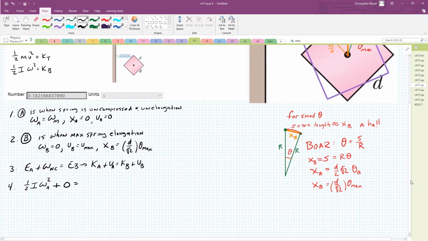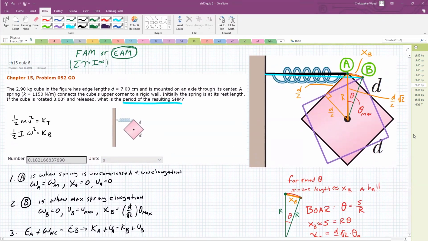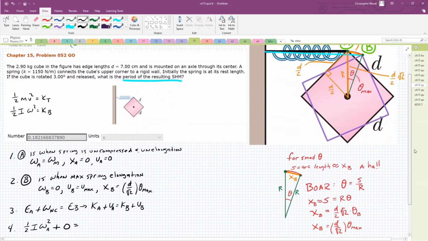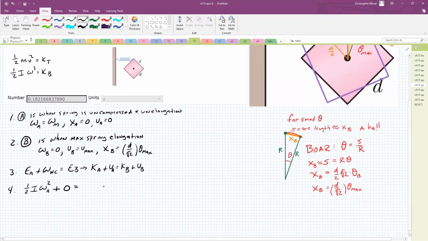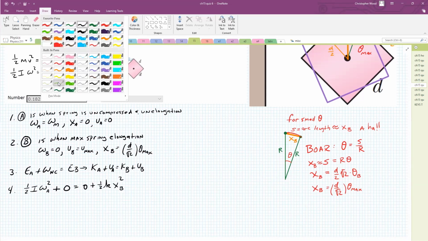At B, which is this extreme point here, this maximum displacement, I don't have any kinetic energy, but I do have elastic potential energy, 1/2 K XB squared. So all of a sudden, this just looks a lot easier.